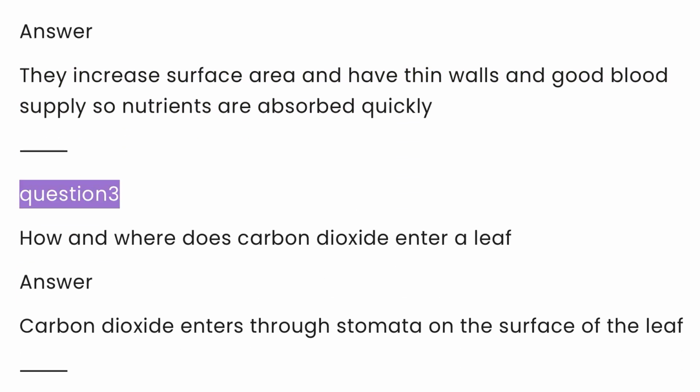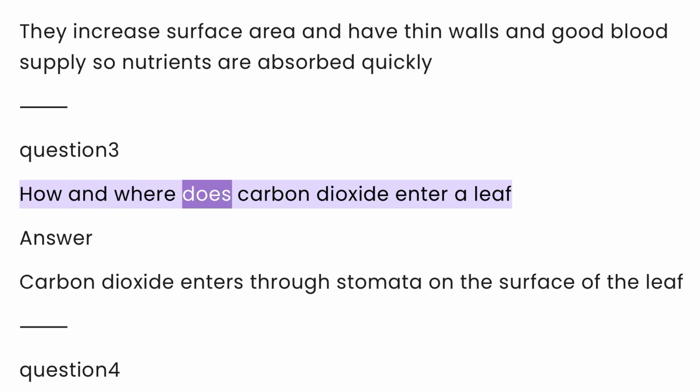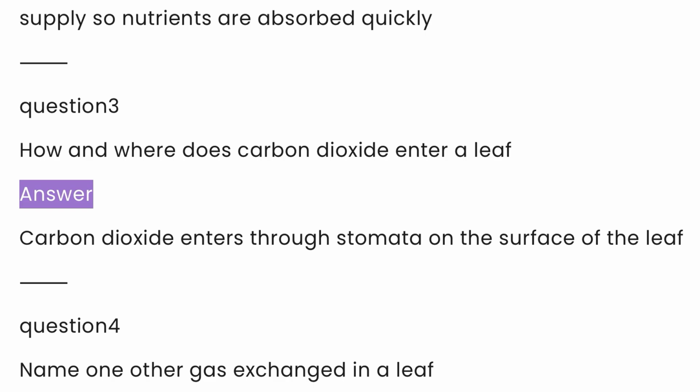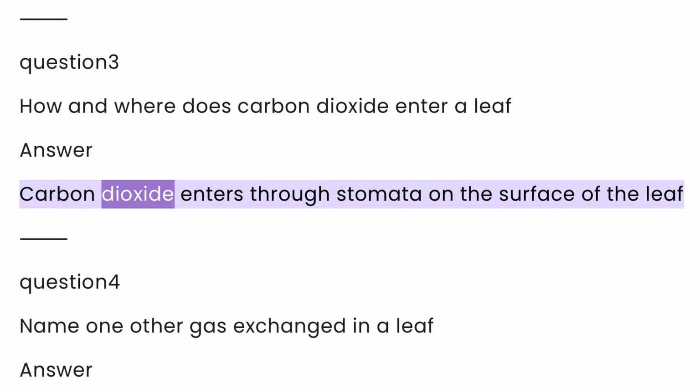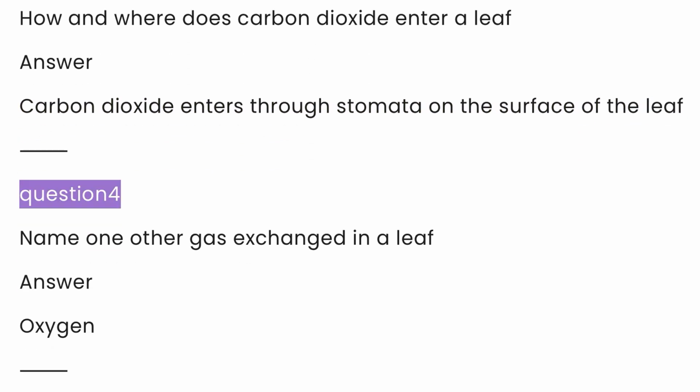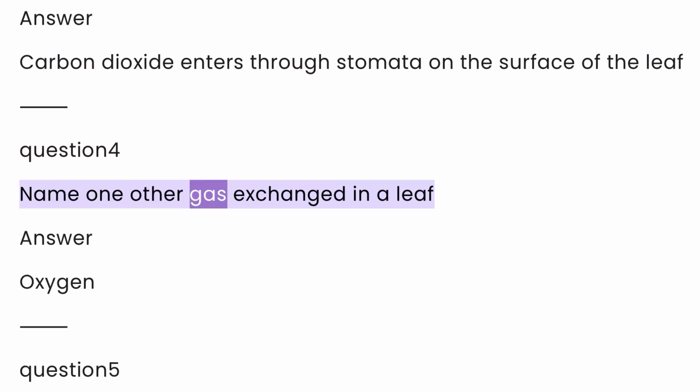Question 3. How and where does carbon dioxide enter a leaf? Answer: carbon dioxide enters through stomata on the surface of the leaf. Question 4. Name one other gas exchanged in a leaf.